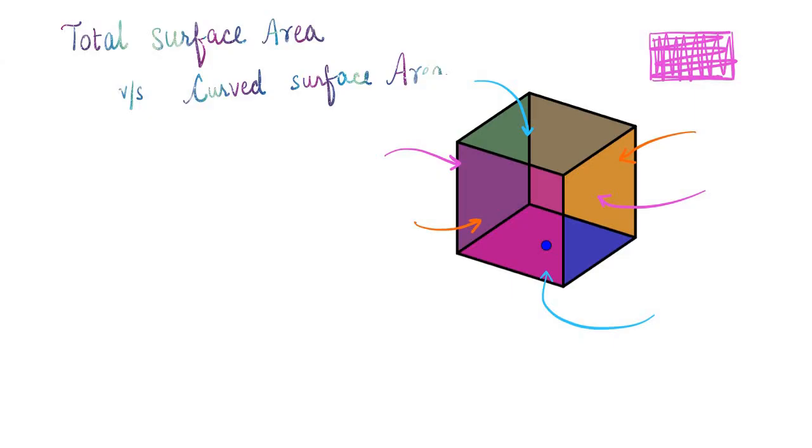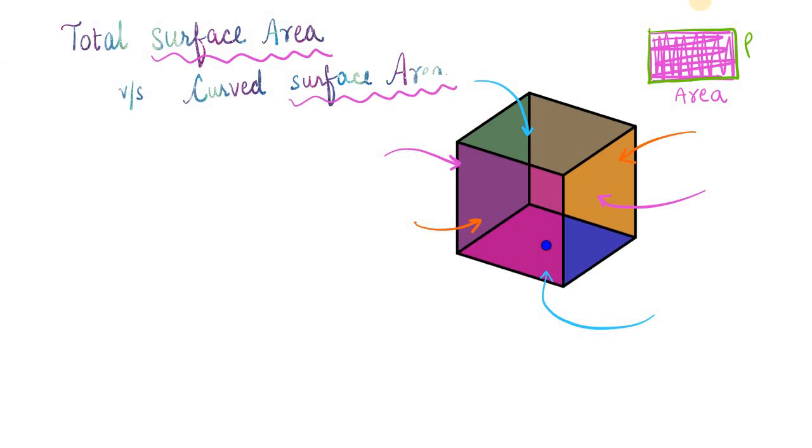Because we already know the perimeter is the boundary. That's perimeter, and area is the inside portion. I hope that makes sense. Now, surface area means how much surface my 3D shape or my thing has covered, right? Hence, it's called surface area.